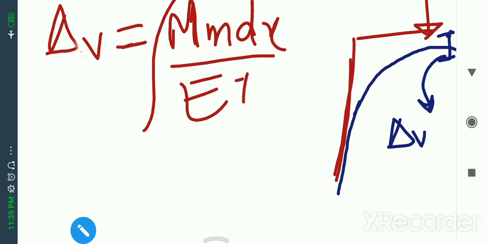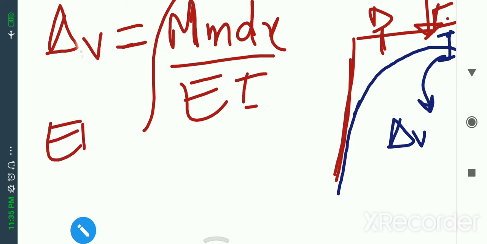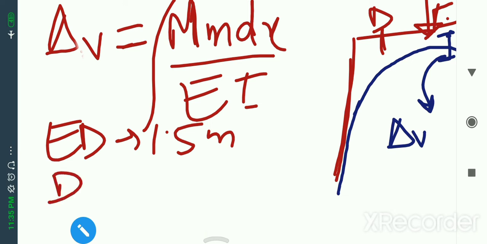Okay, so what will be the limit of integrations? Limit of integrations will be from E to D. It is 1.5 meters. So for ED, the limit will be 1.5 meters. For DC, it will be 1.5 meters.